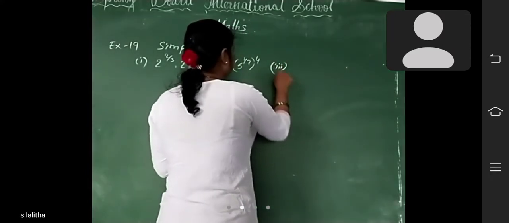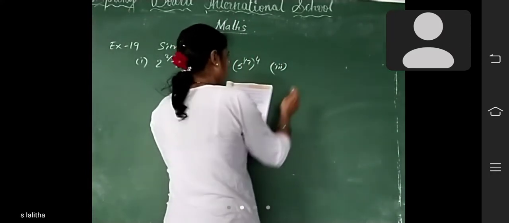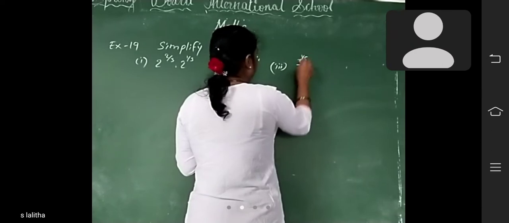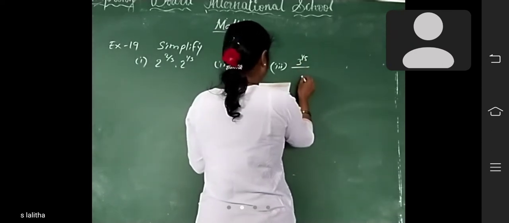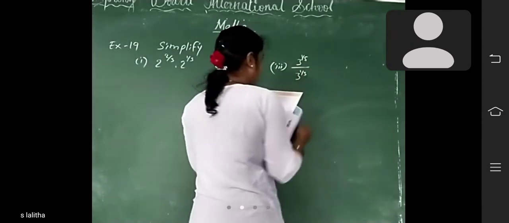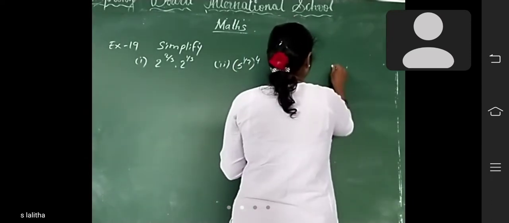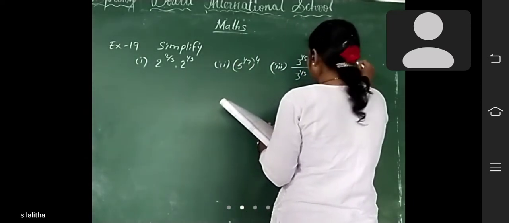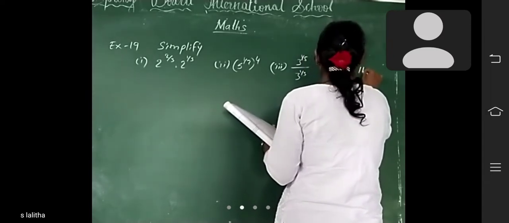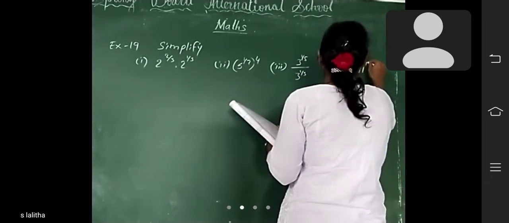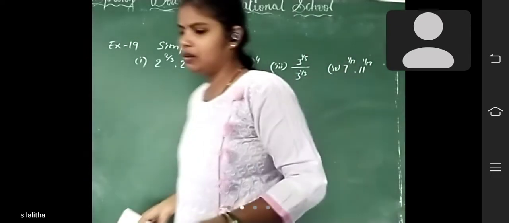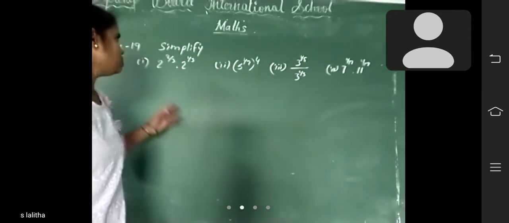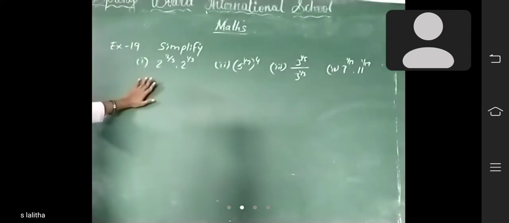Third one, 3 power 1 by 5 by 3 power 1 by 3. Fourth one, 7 power 1 by 17 into 11 power 1 by 17. You have to simplify using the laws, including the last law.